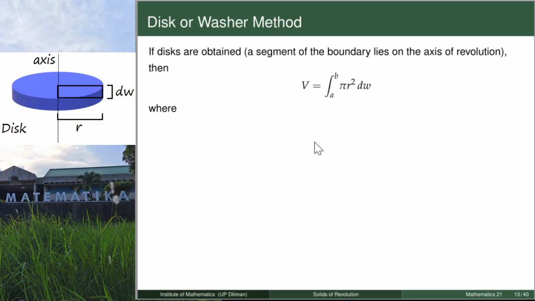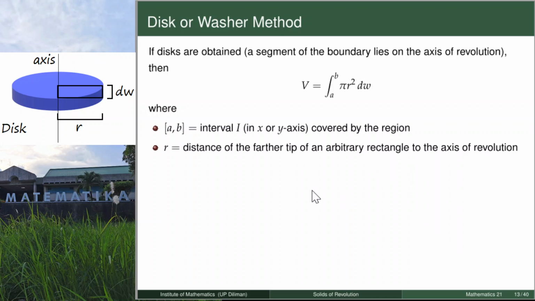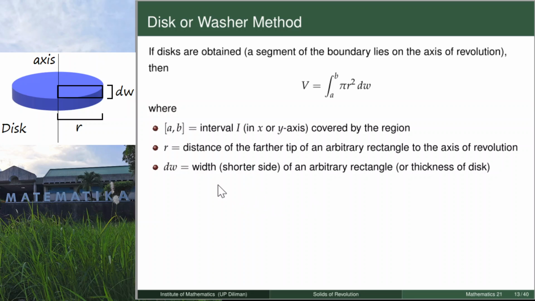So it's a definite integral from a to b of pi r squared dw, where here, a to b is the interval covered by the region, r is the distance of the farther tip of an arbitrary rectangle to the axis of revolution, just as you can see here in the picture on the left. Okay. And dw is the width of an arbitrary rectangle, or in other words, it's just the thickness of the disk.